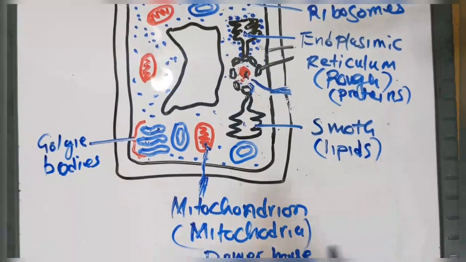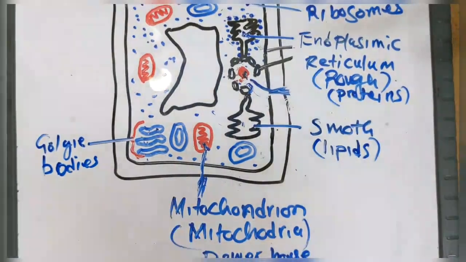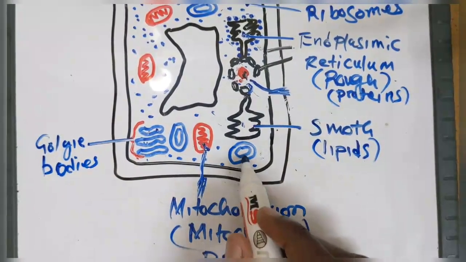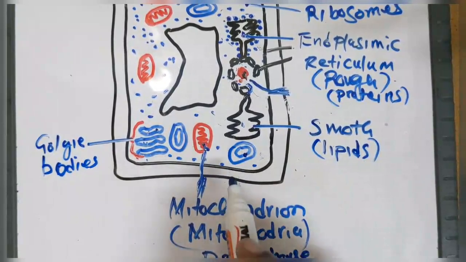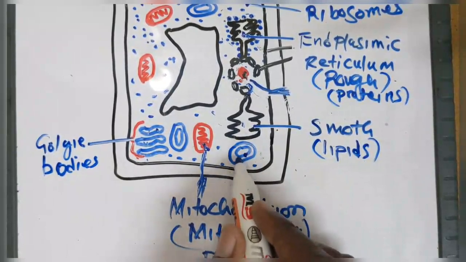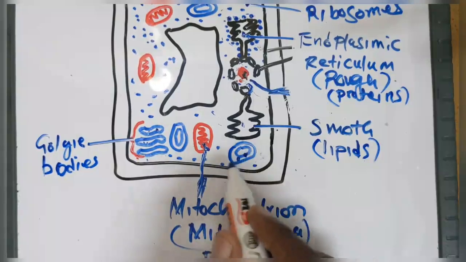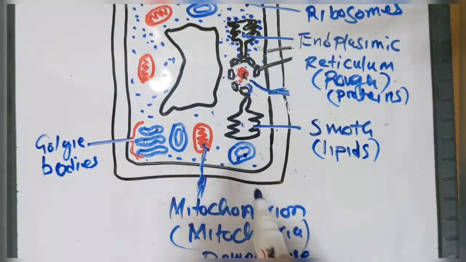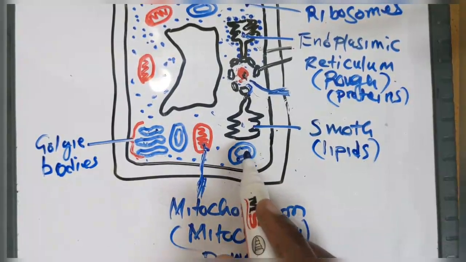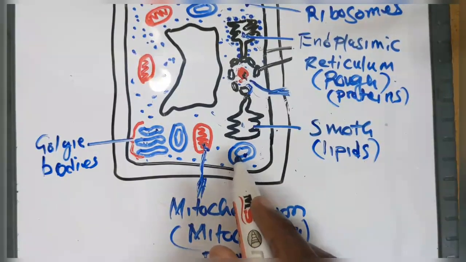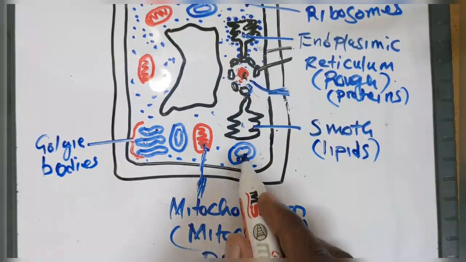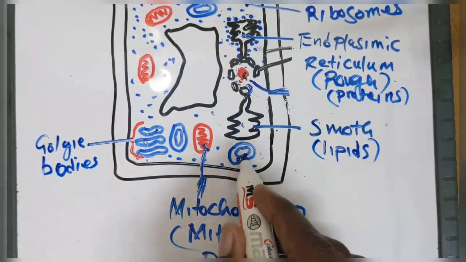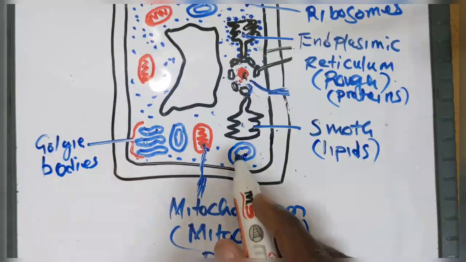Okay, if you look at these ones, I talked about them in the previous video. These are what we call the chloroplasts. You know that they contain the green pigment inside them. This is where photosynthesis takes place.